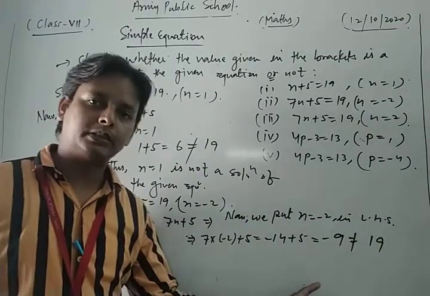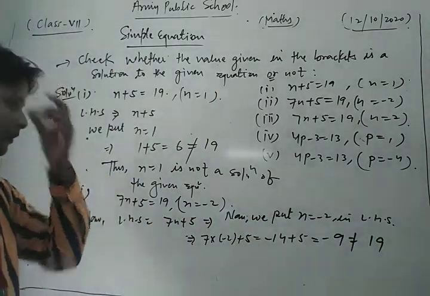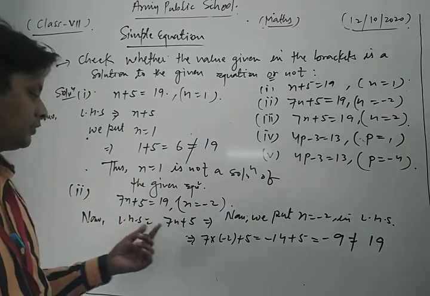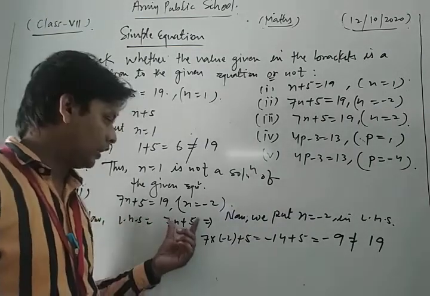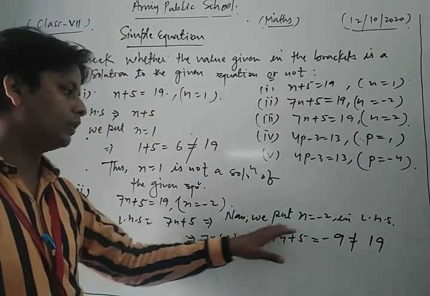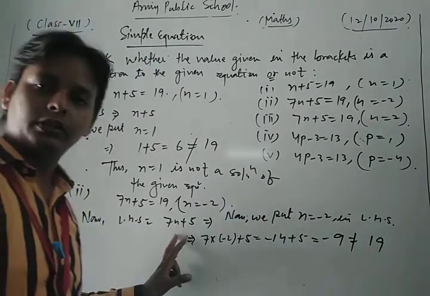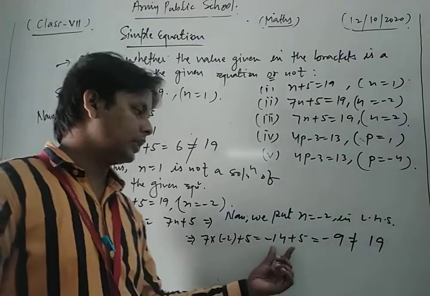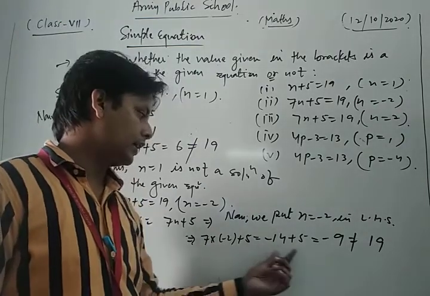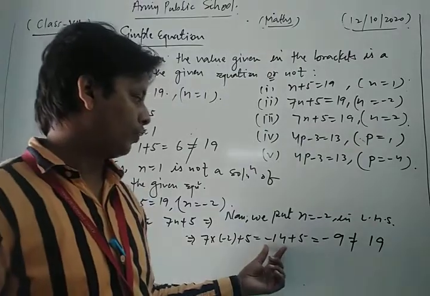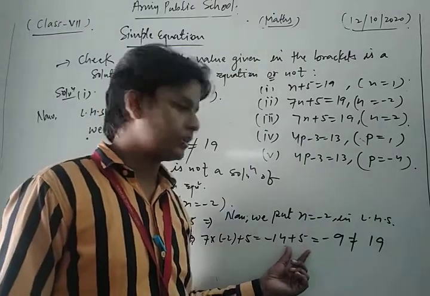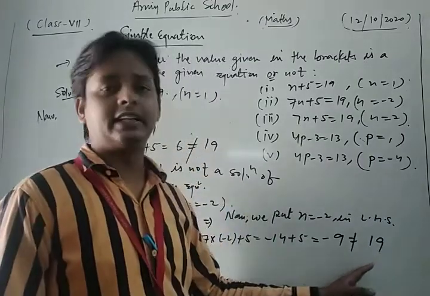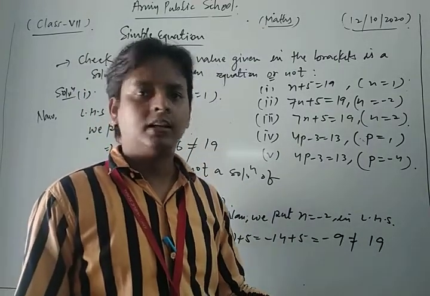Let's see once more. This is our given equation. We take the LHS, which is 7n + 5. Now we put n = -2 and simplify, and we get 7 times -2 plus 5, that is -14 + 5, which is -9, and that is not equal to 19.